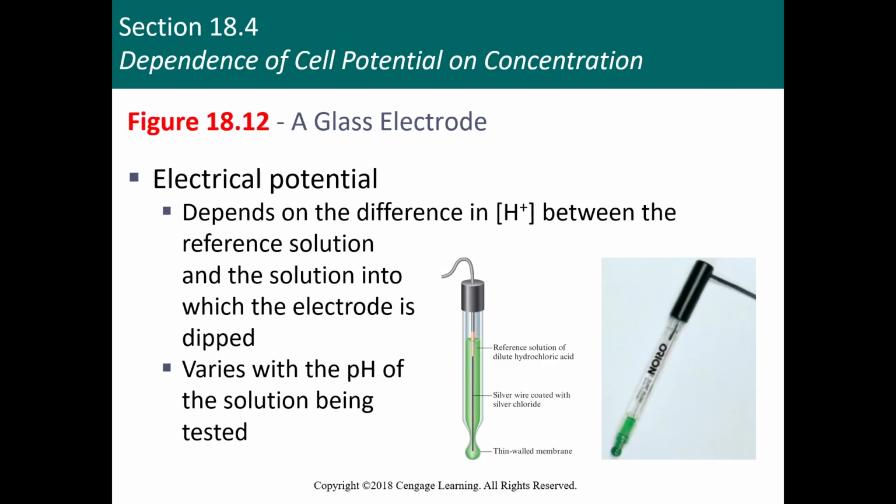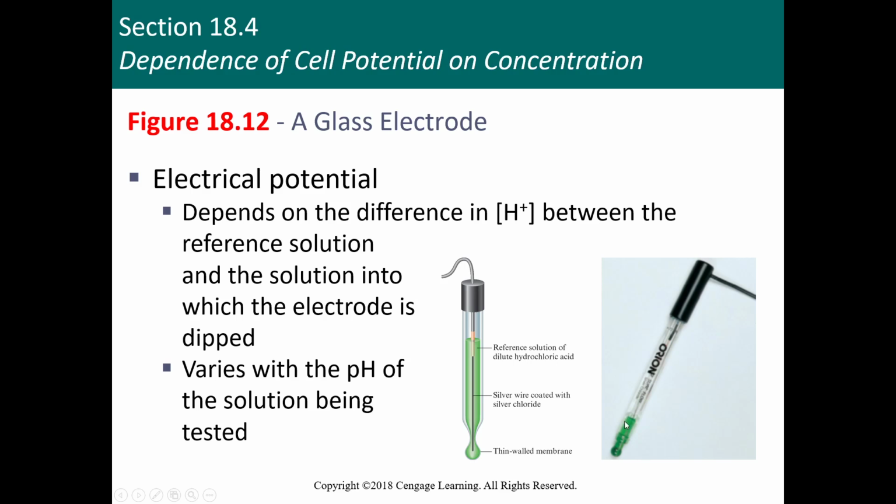And so right here you see, well, this is an actual pH meter. This is just a cutout of it. Right down here you see the glass membrane. And here you can actually see the electrode. Typically this is a platinum electrode.